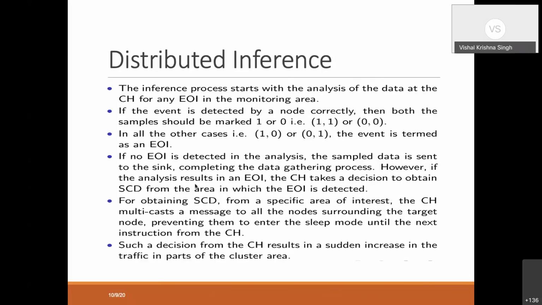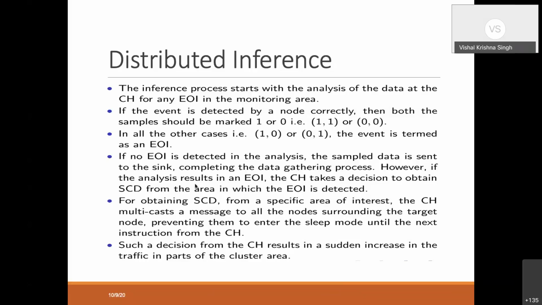So, okay, as I was saying, I'll quickly go through the distributed inference which we have proposed. If there is an anomaly and that needs to be detected, right? In such a scenario, what have we considered?